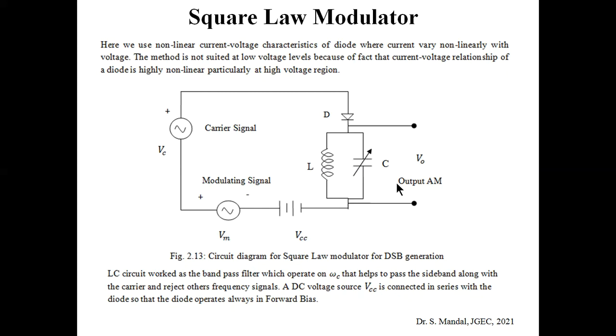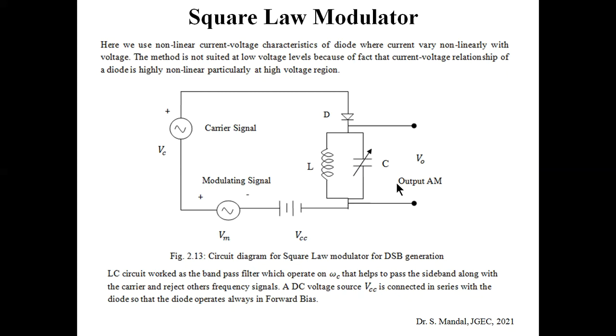So obviously, if the corresponding diode voltage is high, then its current will be exponential in nature, which is non-linear. Okay, so this method is not suitable for low voltage, because if it is operated below the cut-in voltage, the corresponding current voltage relationship is not non-linear.